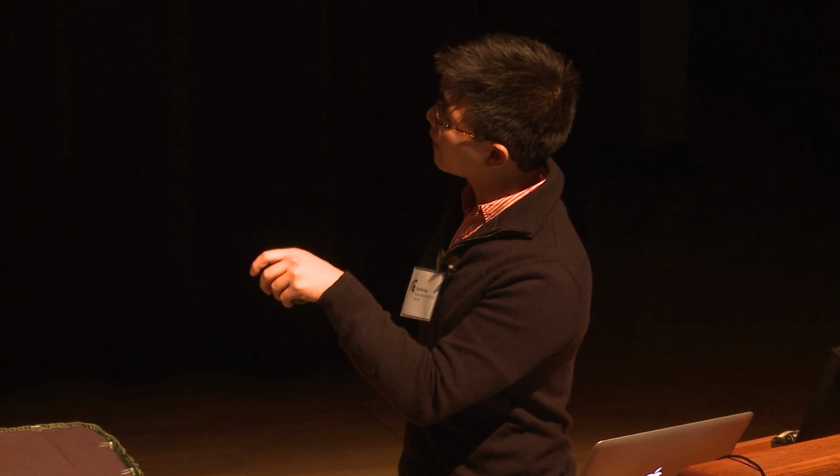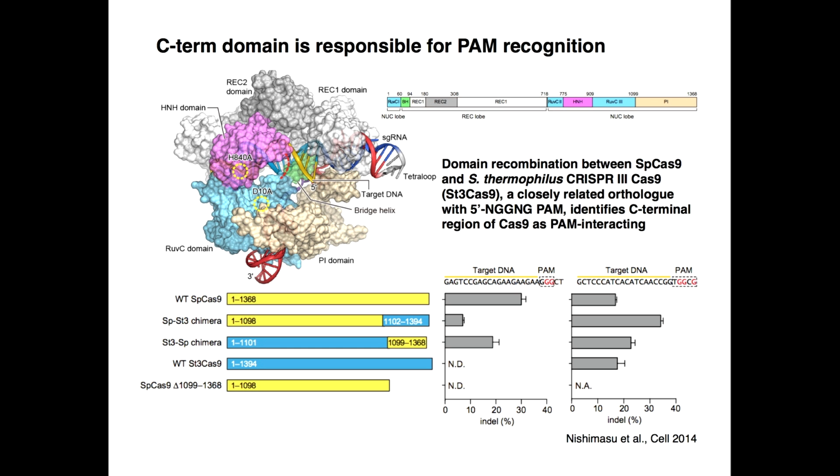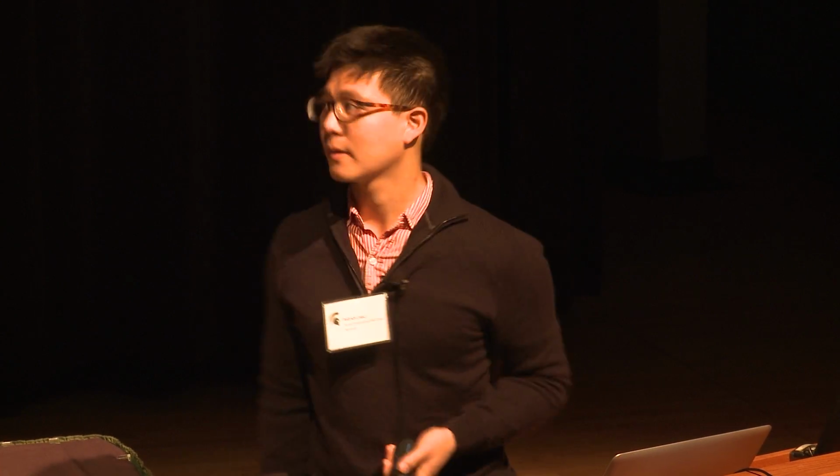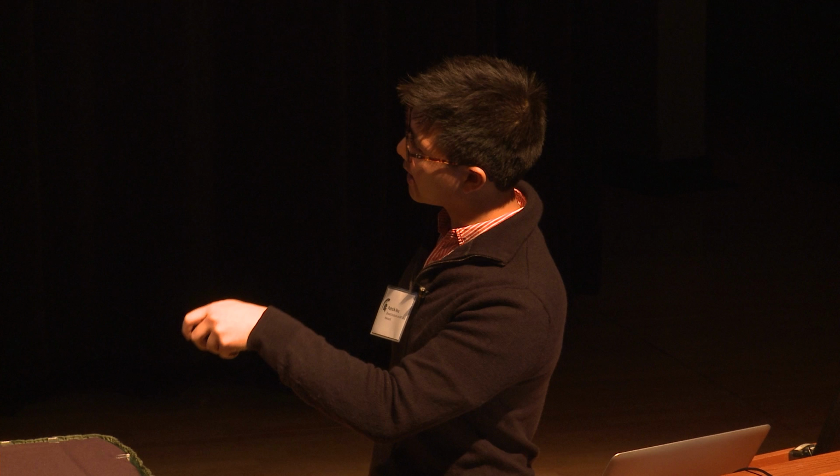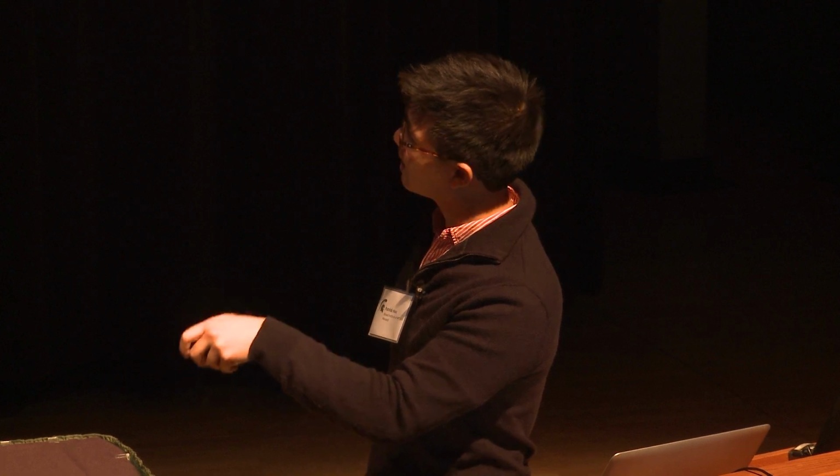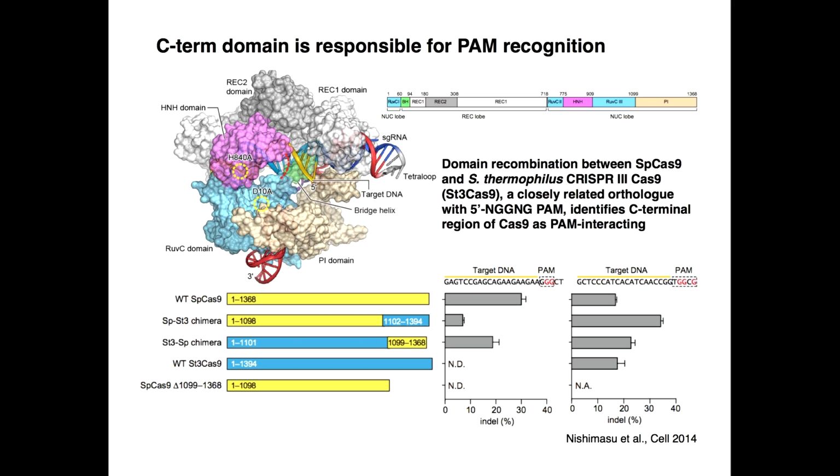There is a Cas9 ortholog from S. thermophilus called ST3-Cas9 that targets the PAM NGGNG, while the S. pyogenes Cas9 targets the PAM NGG only. So if you take ST3-Cas9, you find that it can target sequences with its PAM, NGGNG. However, it was not able to cut DNA with only an NGG sequence.